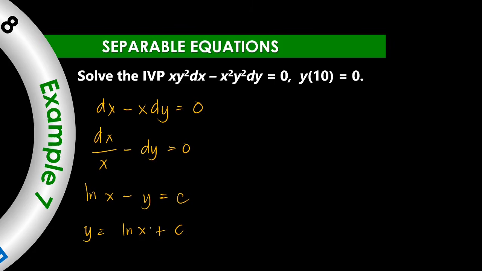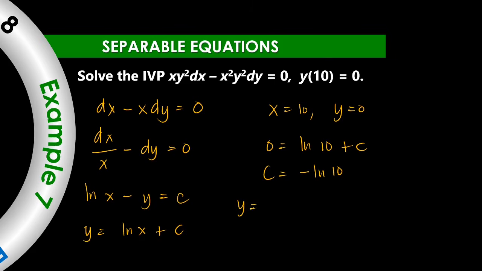Now, since we are given an initial condition here that x is 10 and then y equals 0, then let this y be equal to 0 and let x be equal to 10. So obviously here, the value of c is negative ln of 10.